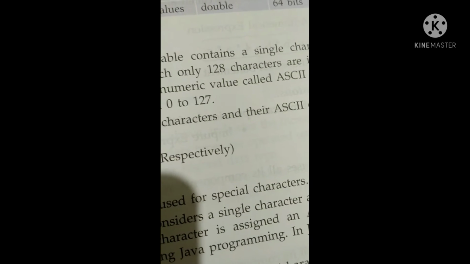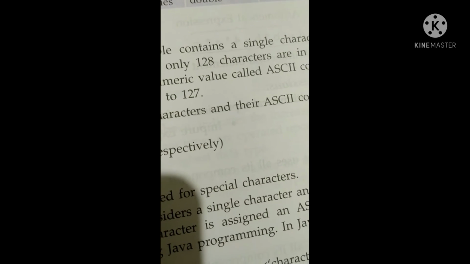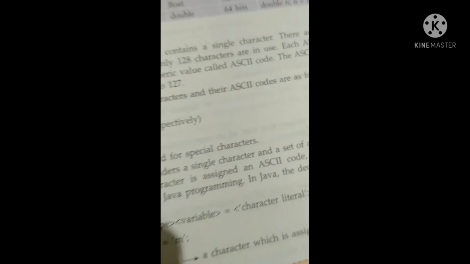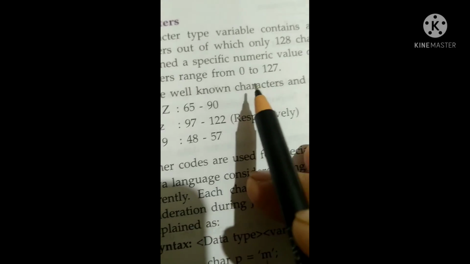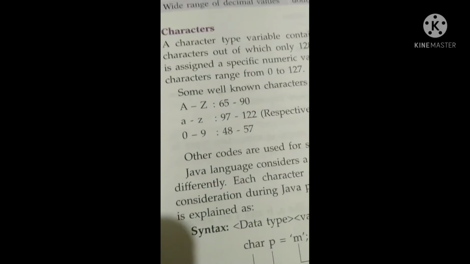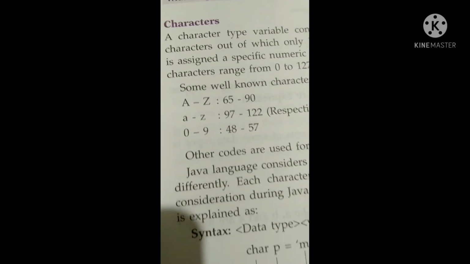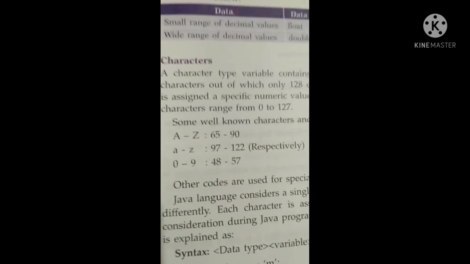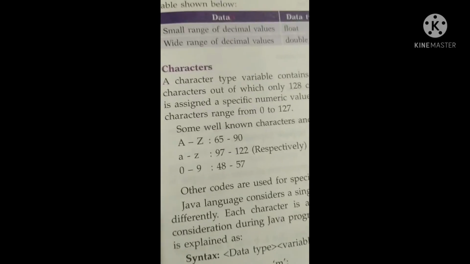That I have discussed already previously. Okay, only 128 characters we use in ASCII code. These codes are very important, and today's computer understands only ASCII code. Why? Because this code is loaded in our computer to translate our English language into a computer understandable form.